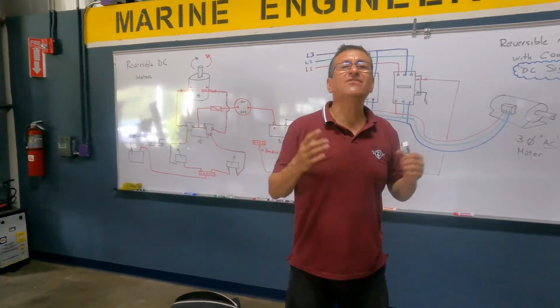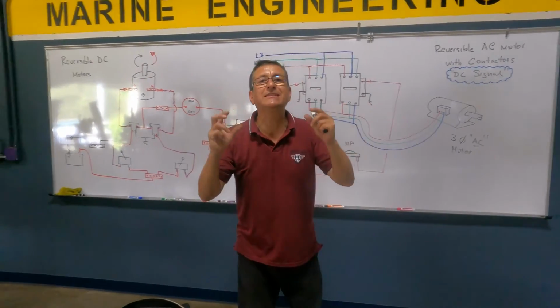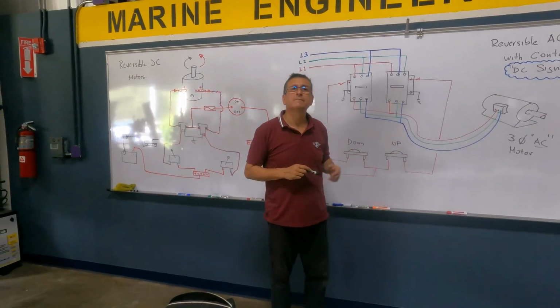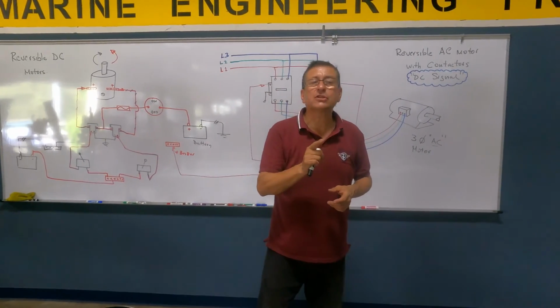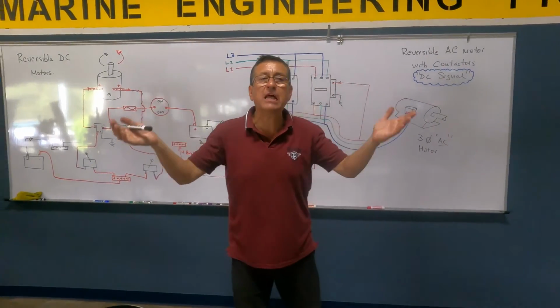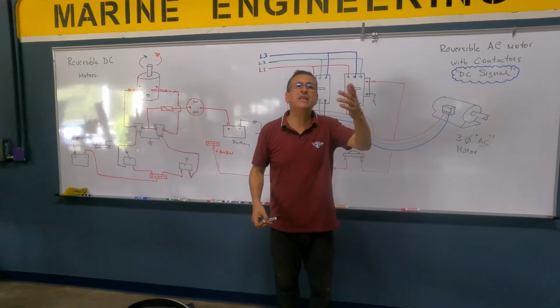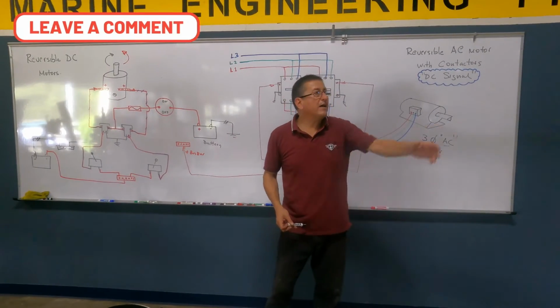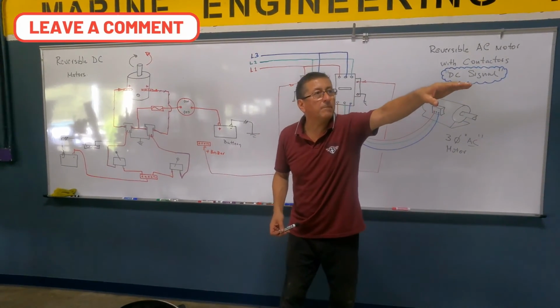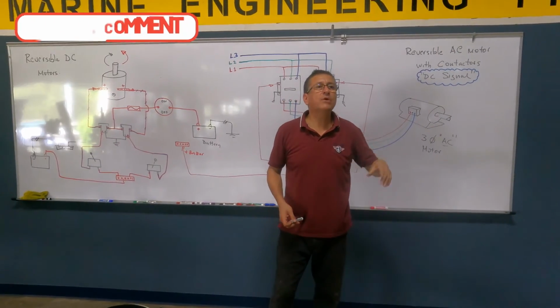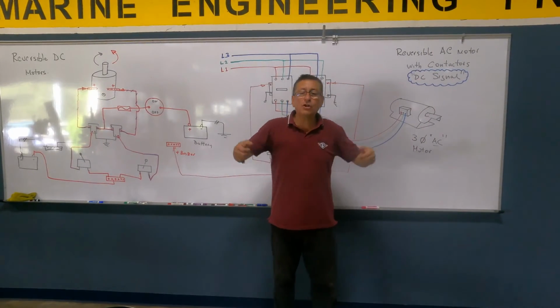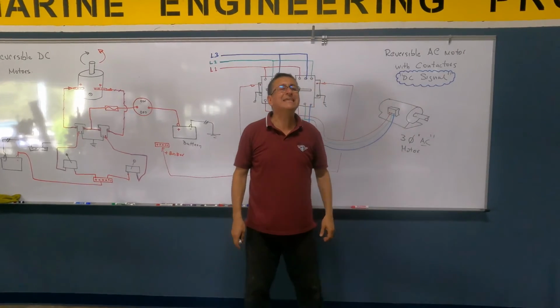Why in a boat are contactors with DC signal like this very common, and why are those contactors not common in industrial applications? For example, in a building, if I have an elevator to move parts from the first level to the second level with an AC motor and contactors, normally the signal is also AC, not DC.